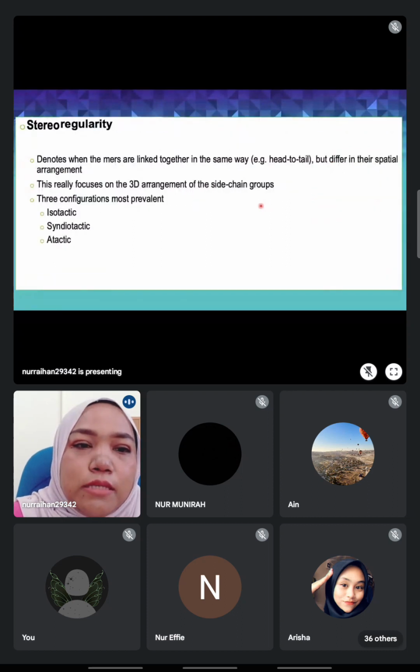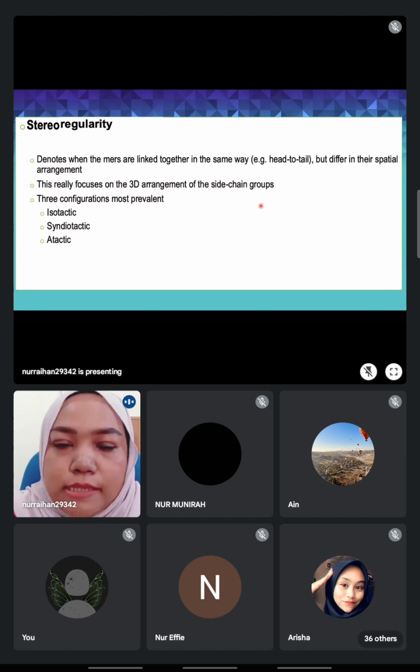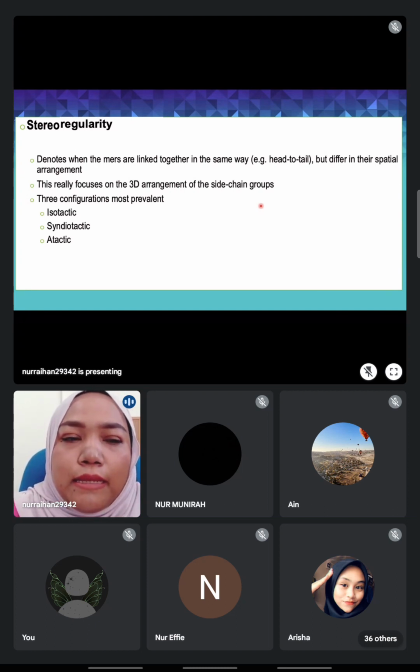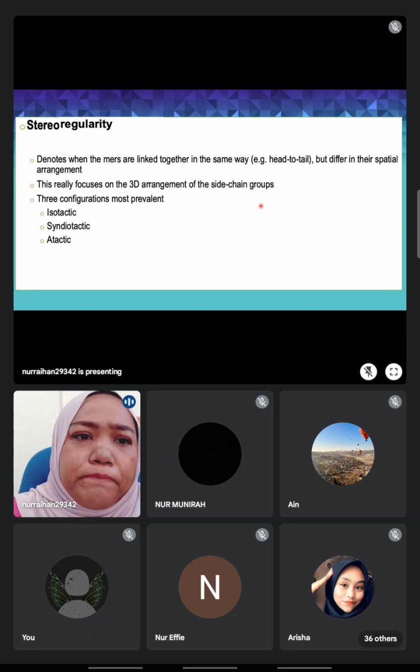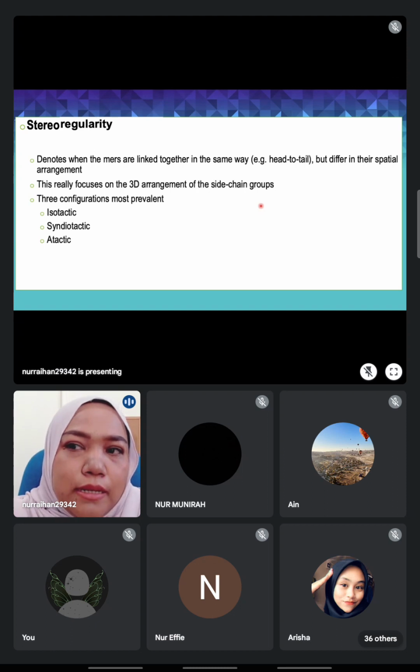Saya tak perlu nak sentuh banyak sangat sebab awak dah tahu dah in term of the properties. Okay. Tapi kita nak lihat in term of the stereoregularity, okay, atau stereoisomers. So in the stereoisomers ataupun stereoregularity, the arrangement of the repeating unit will determine either they are iso ataupun syndio ataupun atactic.